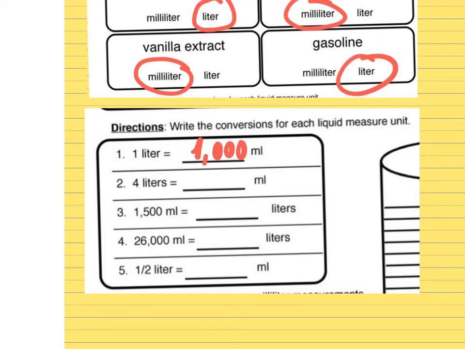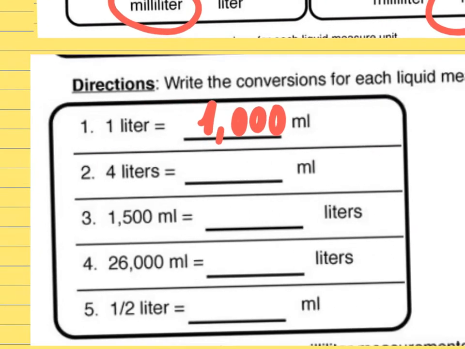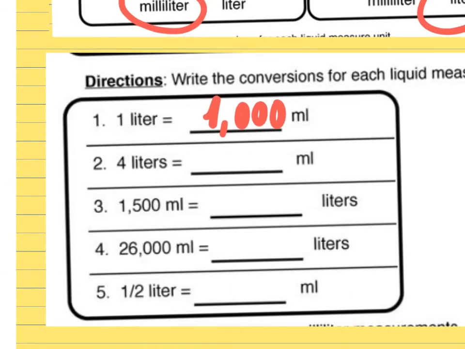Right? Now, how much is 4 liters in milliliters? You're right, it's 4,000 milliliters. One more. How much is 1,500 milliliters in liters? Perfect. It's one and a half liters.